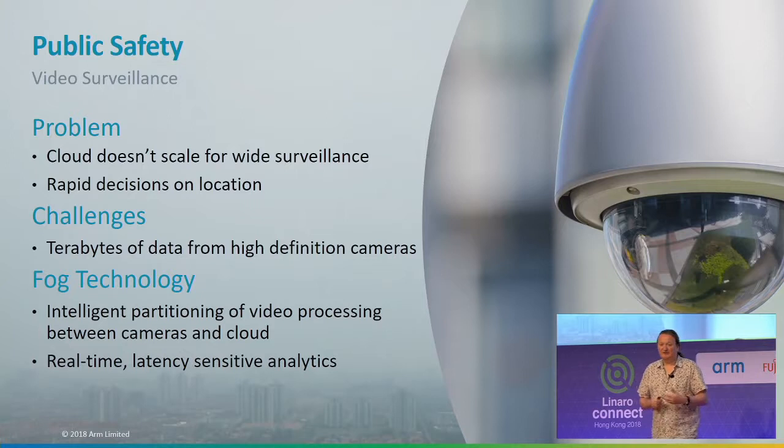So processing in the fog enables you to make local decisions about which data needs to be stored into the cloud. You can do smart things like image detection, pattern detection, using local processing nodes before you need to move any data up into the cloud. So they can intelligently partition local processing and cloud storage.